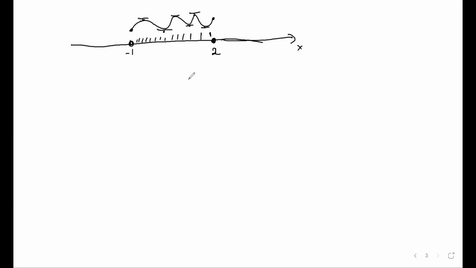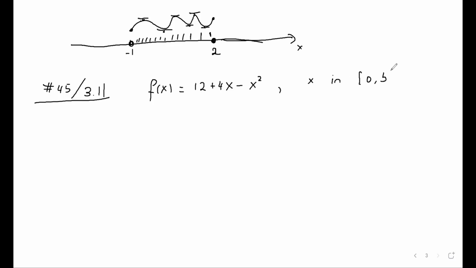All right, so our first example here will be problem 45 of section 3.1. In problem 45, the question is, f of x is equal to 12 plus 4x minus x squared, with x in the interval 0, 5.